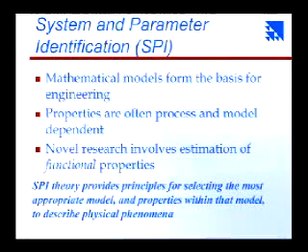Well, one of the things we've done in our laboratories, we've pioneered a new way to analyze and deal with nuclear magnetic resonance experiments, in particular NMR imaging. The first area I call system and parameter identification.